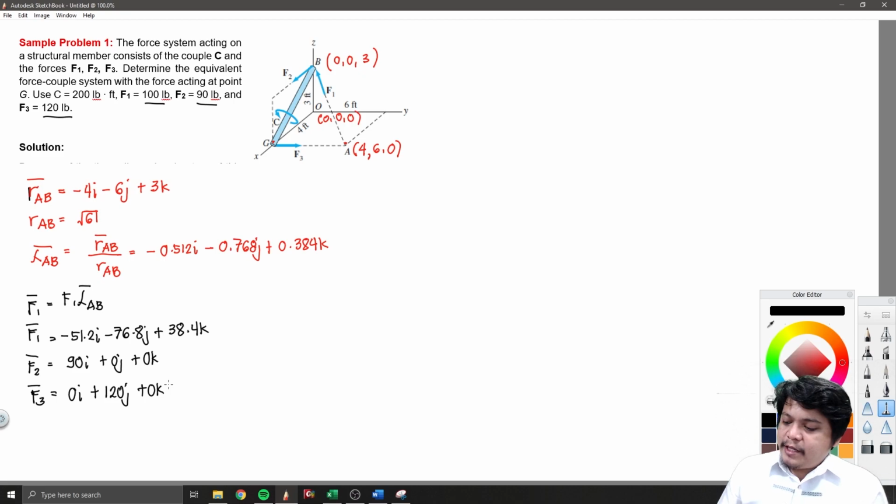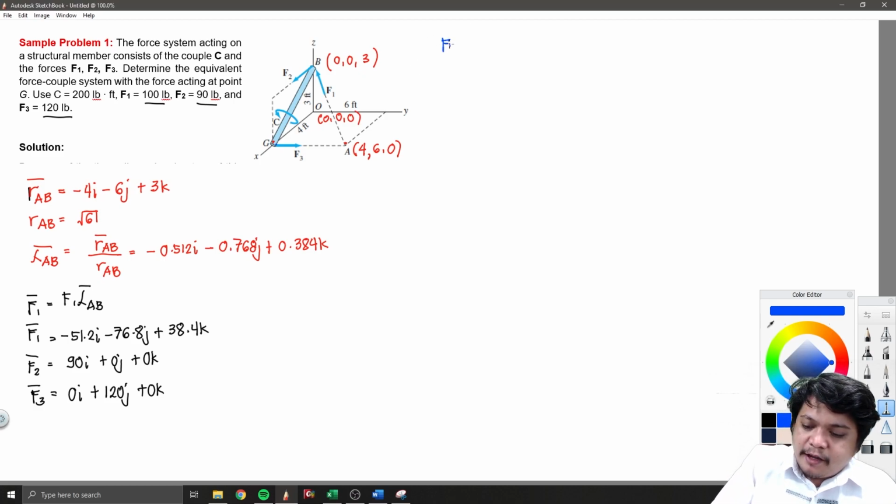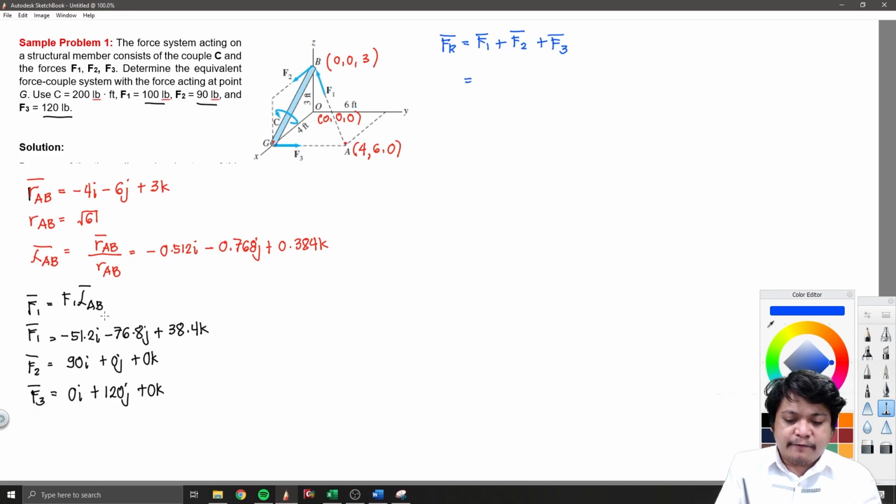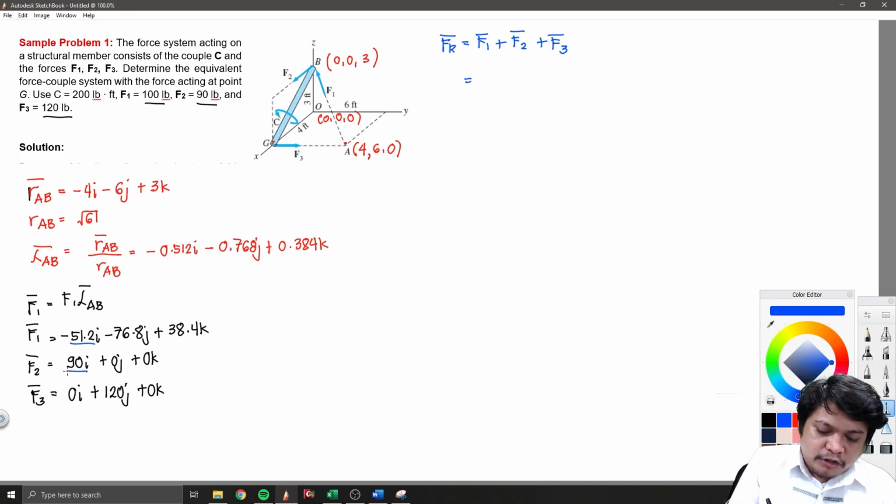Ngayon, pwede natin ngayong kunin yung pinaka-resultant niya. Okay? At this point, kukunin natin si F sub r. So we will be having here F sub r, that is equal to F sub 1 plus F sub 2 plus F sub 3. Okay? So, si F sub 1 ko, you will be having here negative 51.2. I-add ko to, plus 90, and then plus 0.